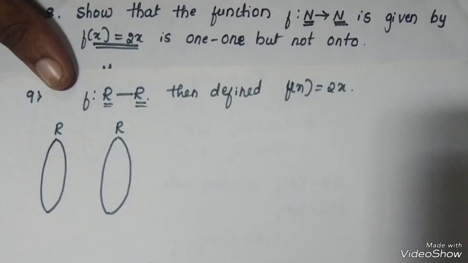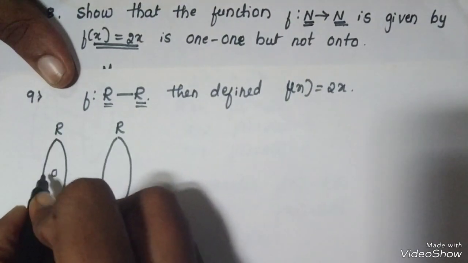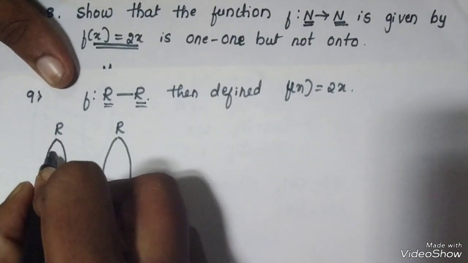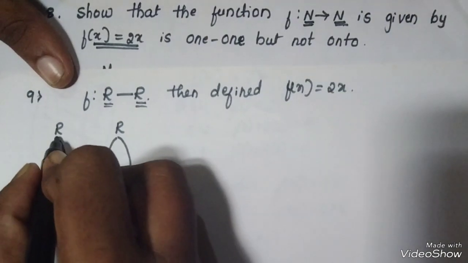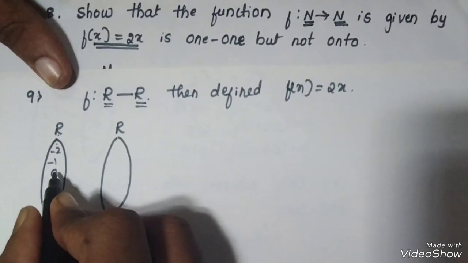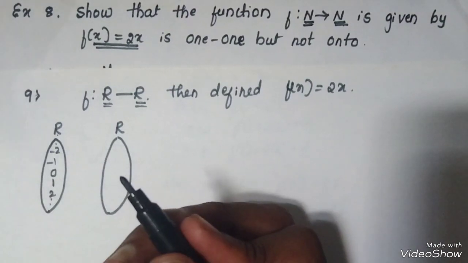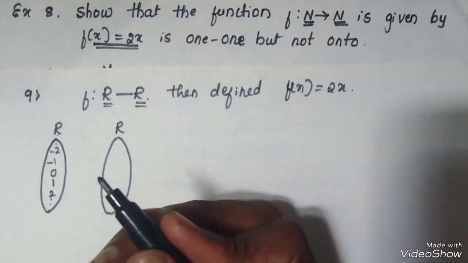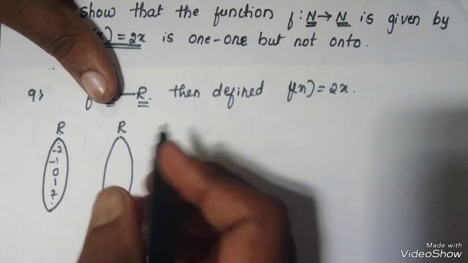The real numbers are 0, and may be -1, -2, +1, 2, and so on. They may contain √3, 2 by 3, whatever. Just for our example, I consider these numbers.